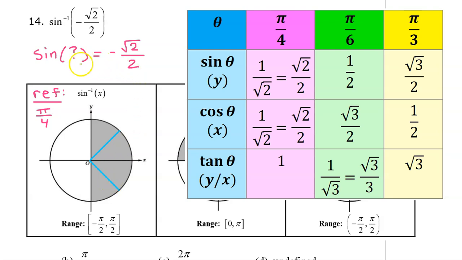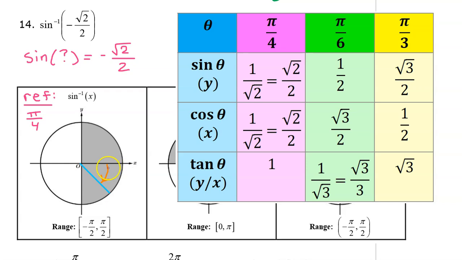Since in this case we want sine to equal negative radical 2 over 2, we choose the angle in the fourth quadrant where sine is negative. Be careful, we will not use the angle 7 pi over 4 because that takes us outside of the restricted range for arcsine. Instead, we will go clockwise and use the angle of negative pi over 4.